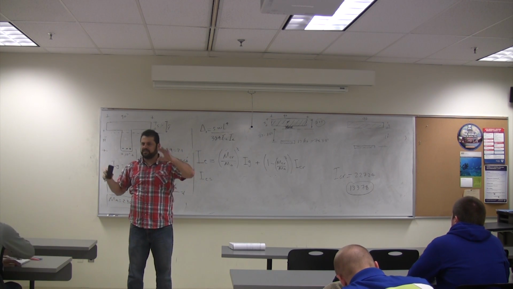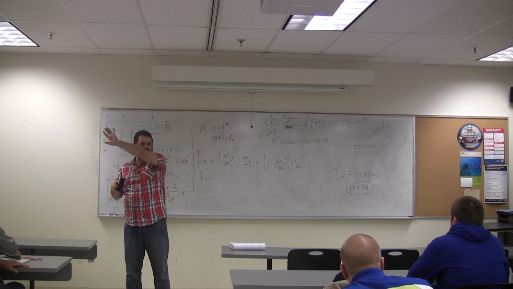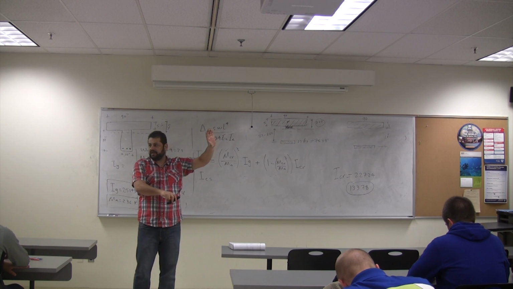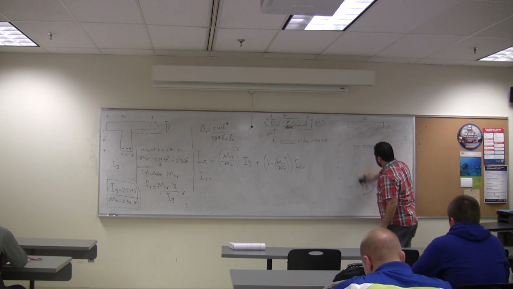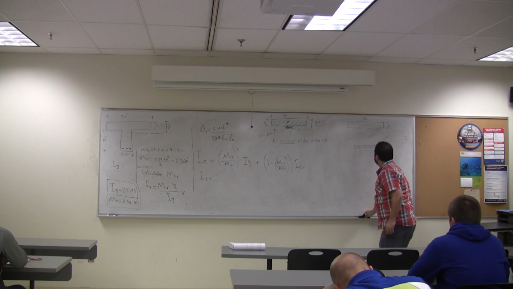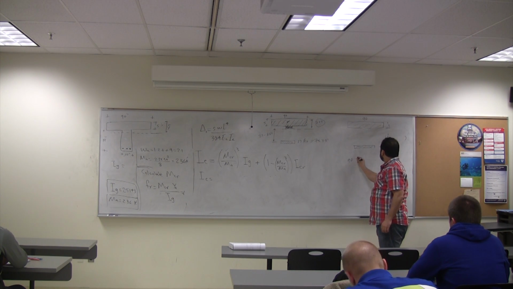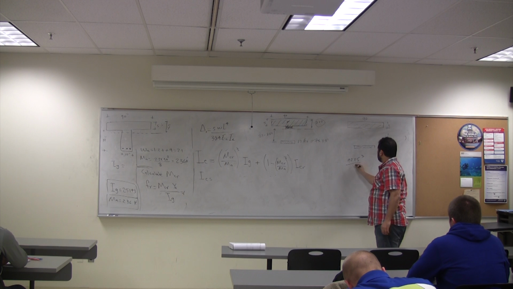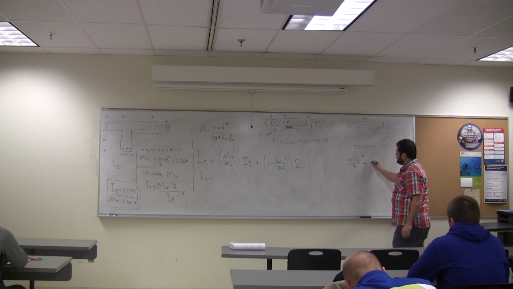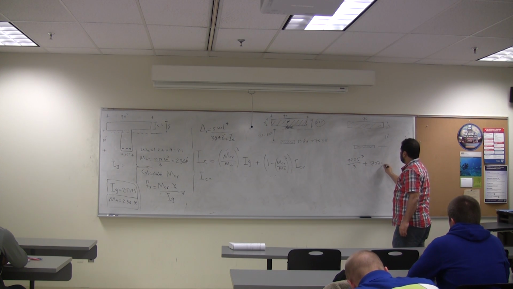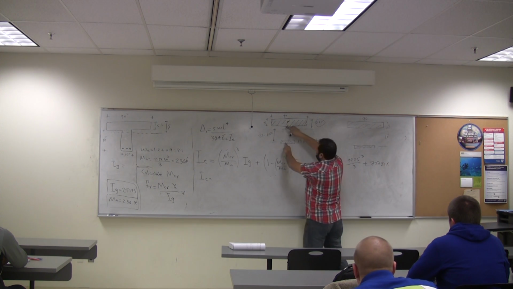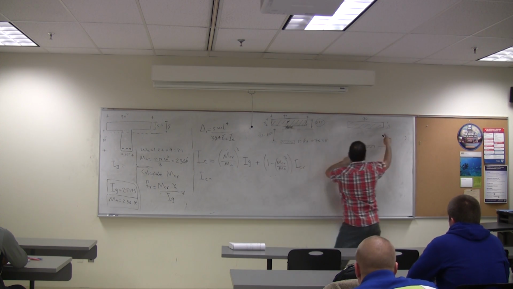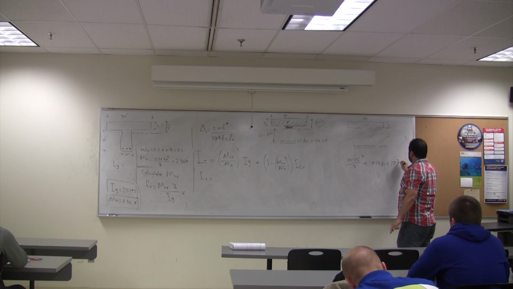I said for approximation, take your cracked section to be the full flange plus the steel there. And if that's the case, your I crack will be 90 times 5 cubed over 3 plus NAS, which is 7 times 3.81 times the distance from here to here, which is 17 squared.